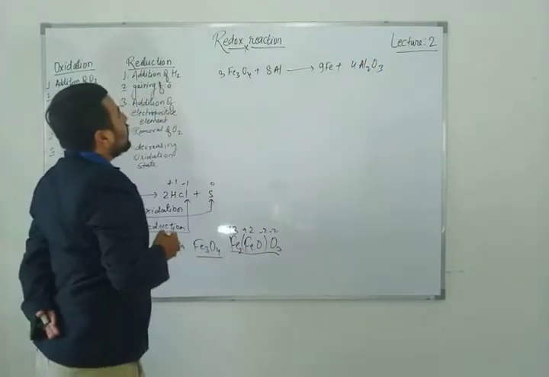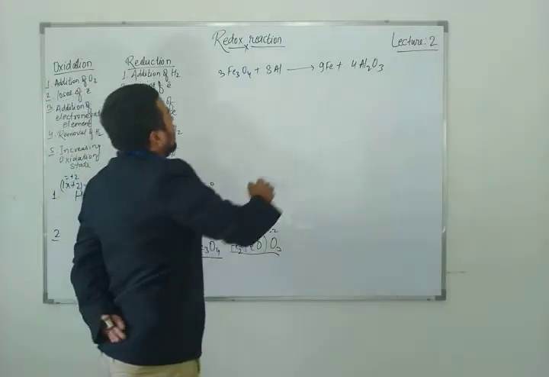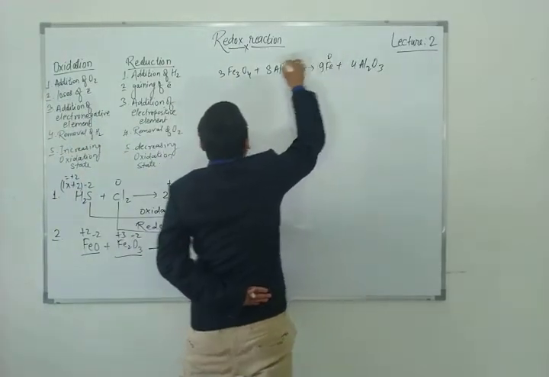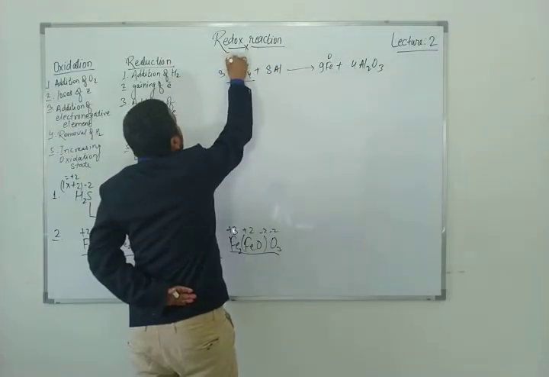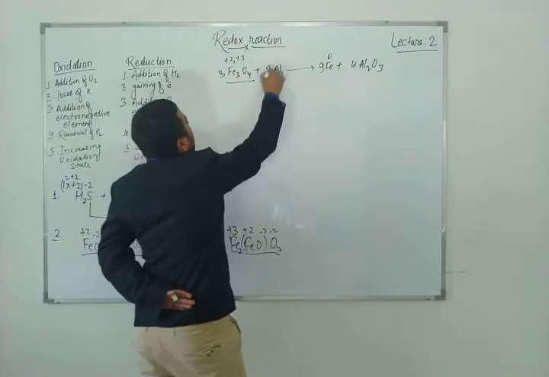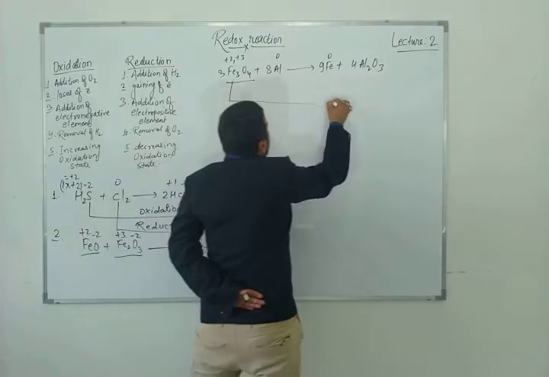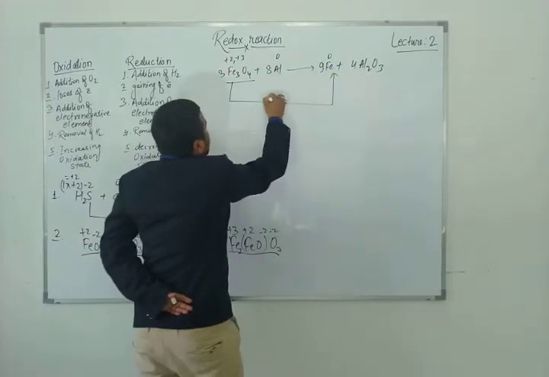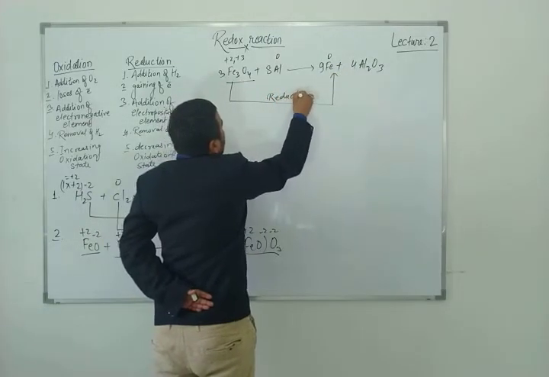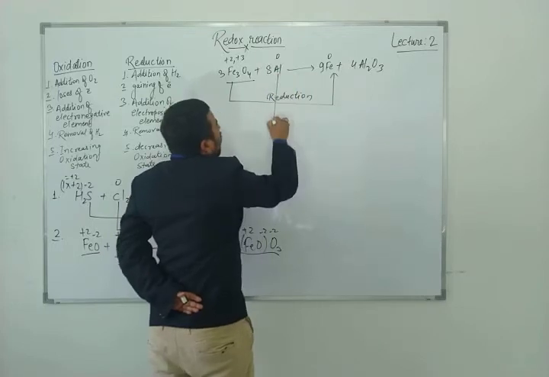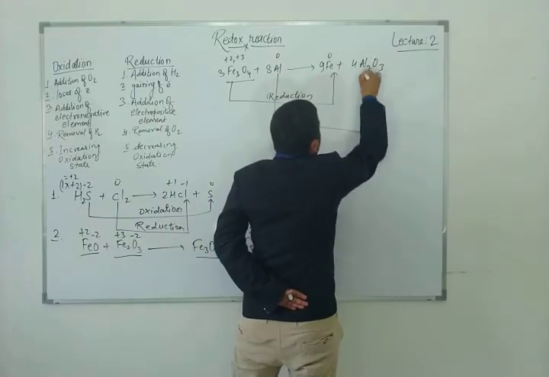Now you can say here that iron exists in both +2 and +3 oxidation states, and aluminum exists in the 0 oxidation state. So from +2 to 0 it is reduction, and here 0 to +3.